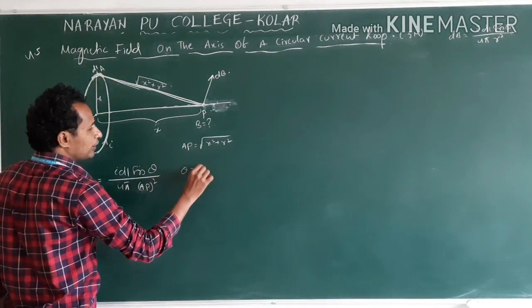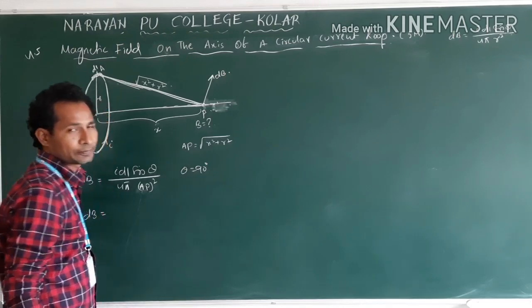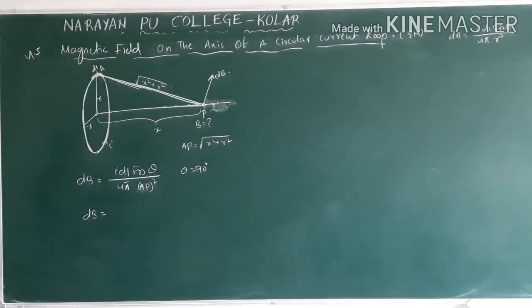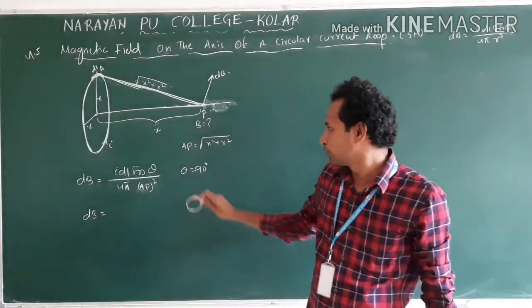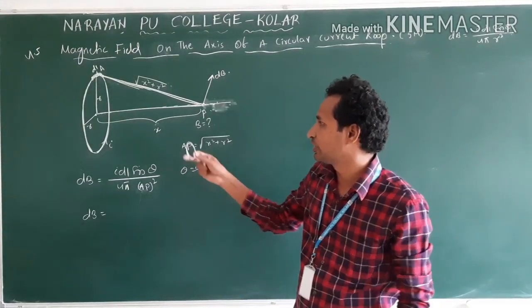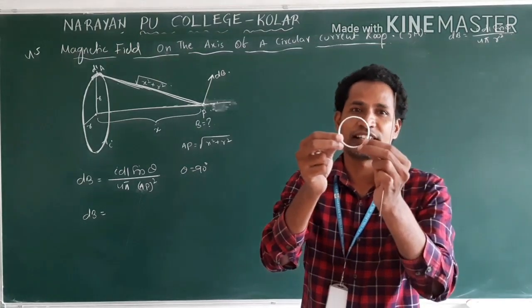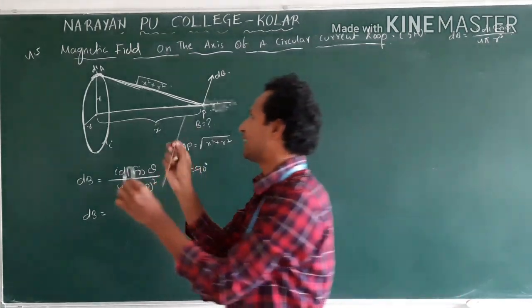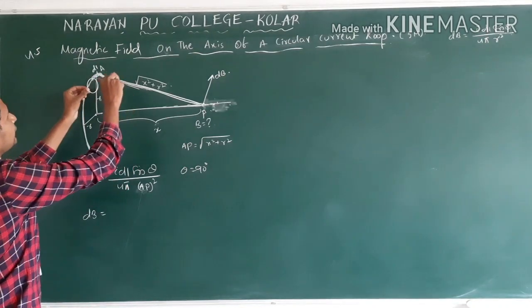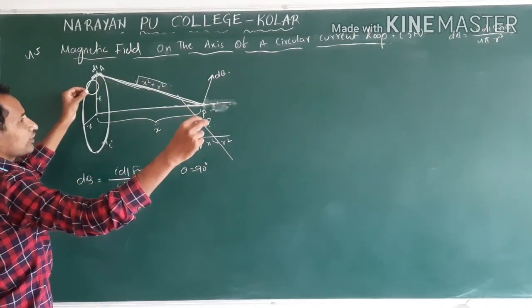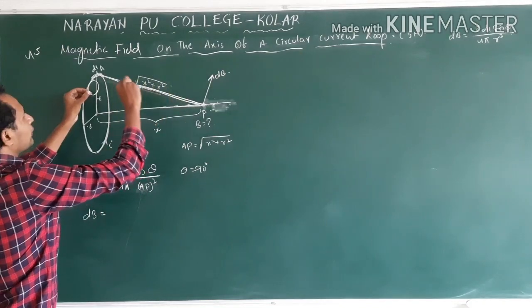This theta will be 90 degree. Clear? Okay, I will show you how this theta will be 90. See, consider this as a current loop. This I have drawn like this. And this stick is the AP.